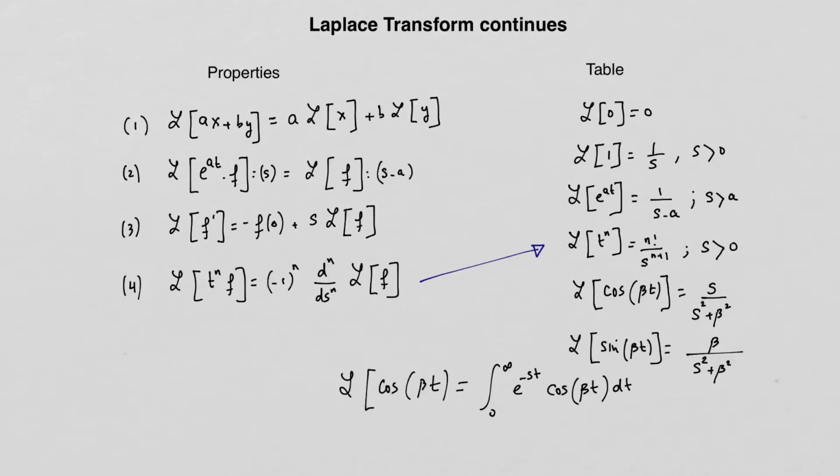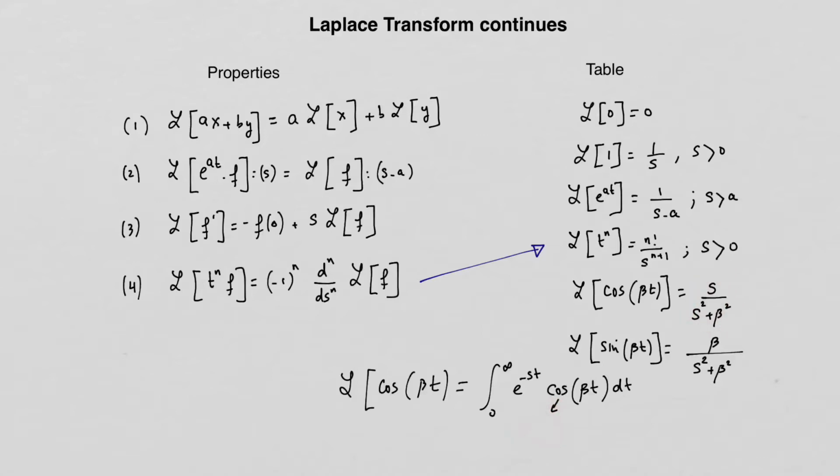And I said you could use integration by parts. The cosine gives you negative sine, and the negative sine gives you cosine. That means you would have to integrate by parts twice, and eventually you will get this answer that I put in here.